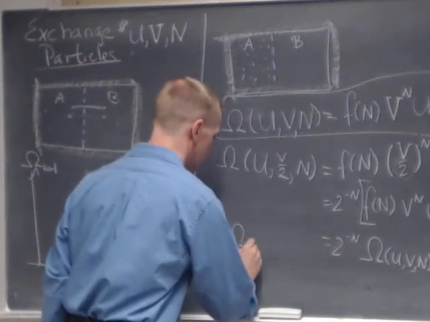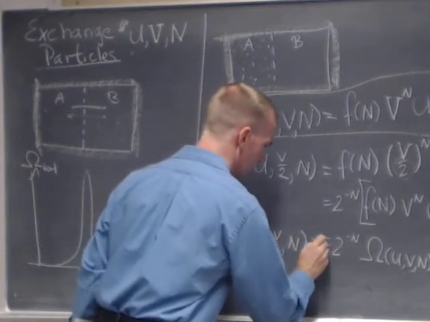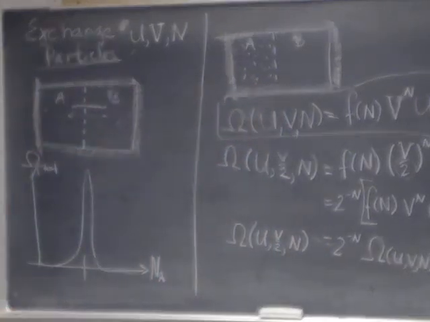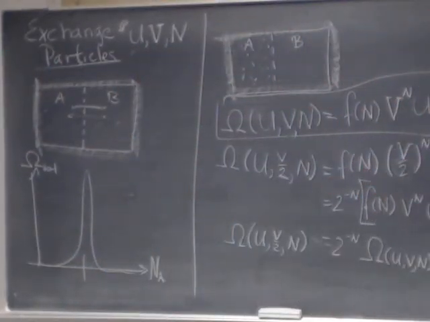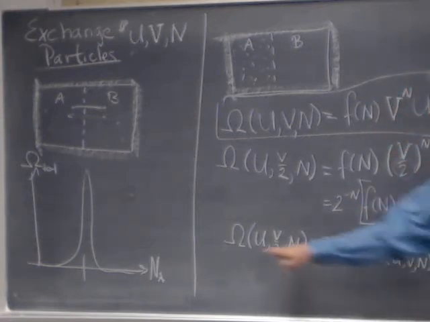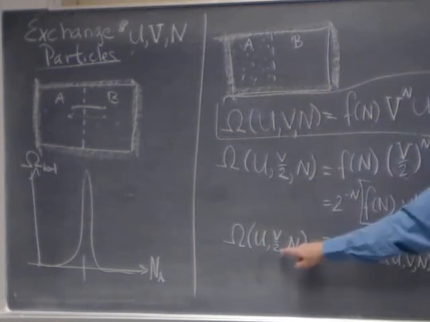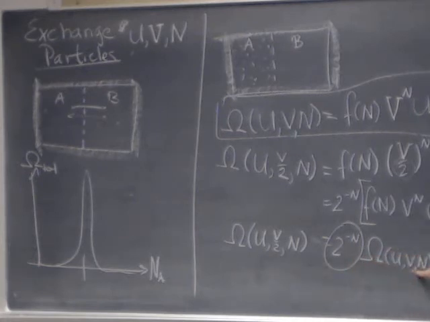So there, what I can do is take the ratio of those two multiplicities. There are two ways to say it. The multiplicity of this system occupying volume V over 2 is 2 to the minus Nth power times the multiplicity of the system occupying volume V, the full original volume.